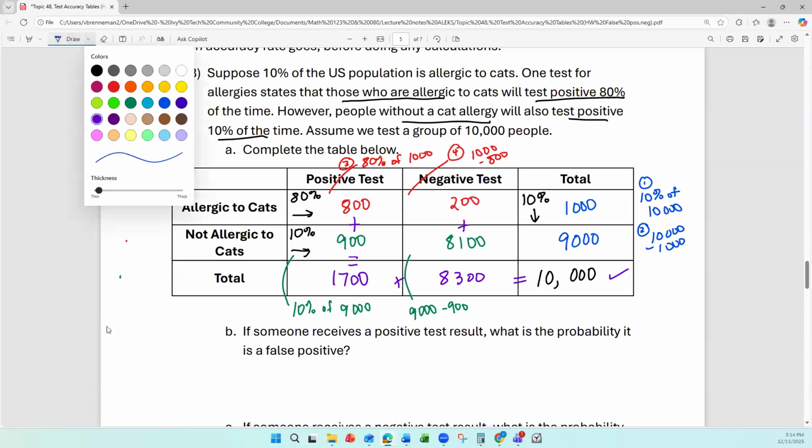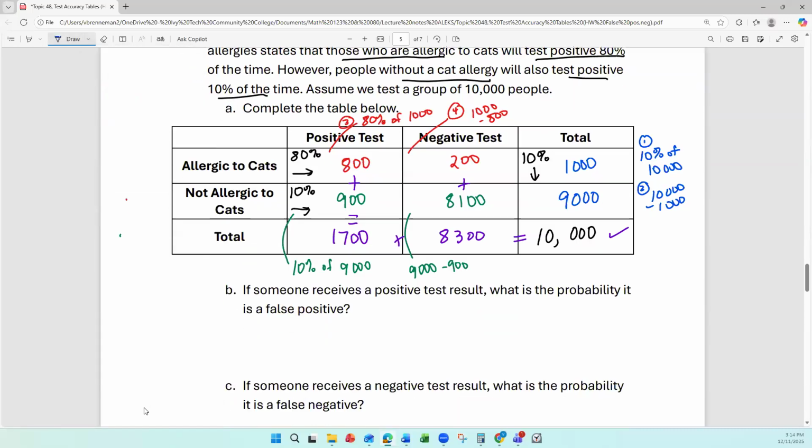So we're looking at the probabilities. If someone receives a positive test result, what's the probability it's a false positive? So there are 1,700 positive results. The false positives are the ones that are not allergic.